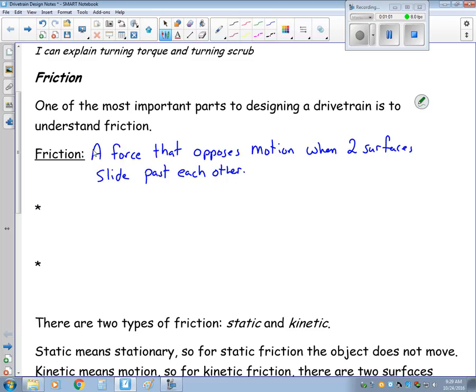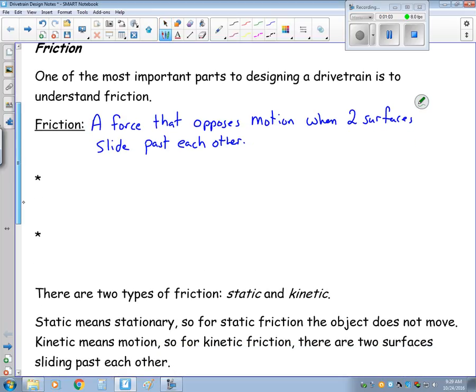It is a reaction force only. So if an object has no force trying to move it, there will be no friction, which is kind of handy if you think about it. And it only occurs when the two surfaces are in contact.